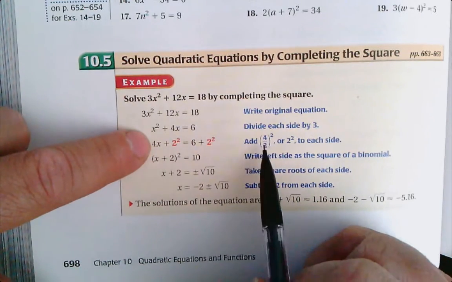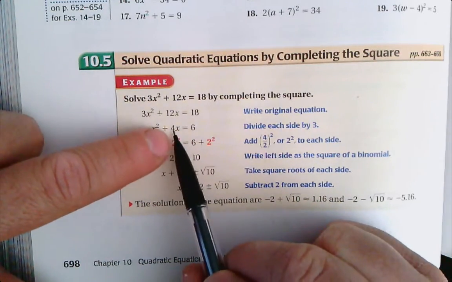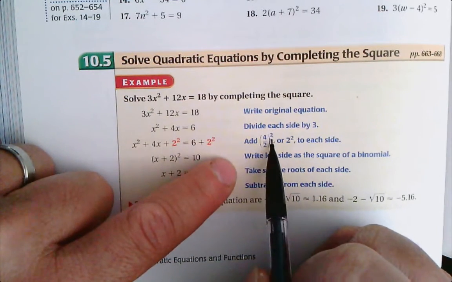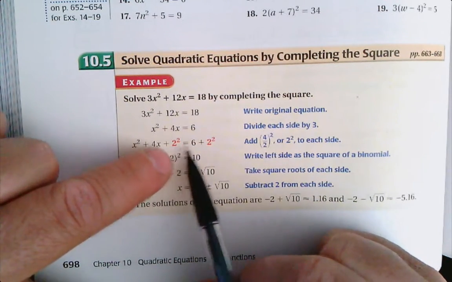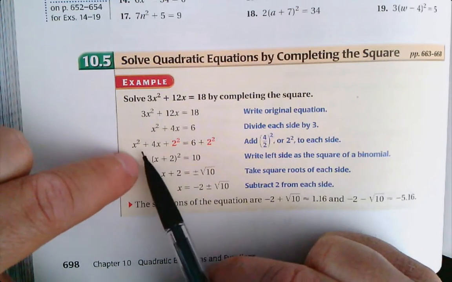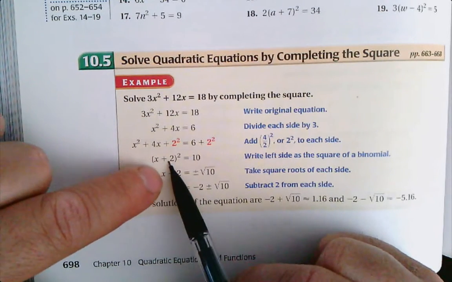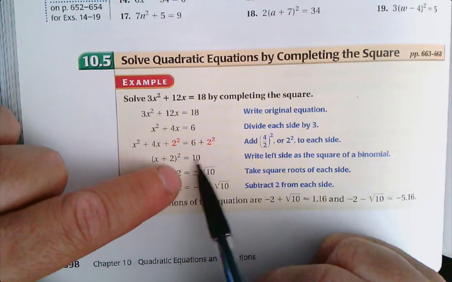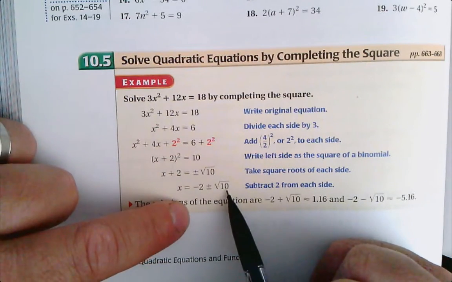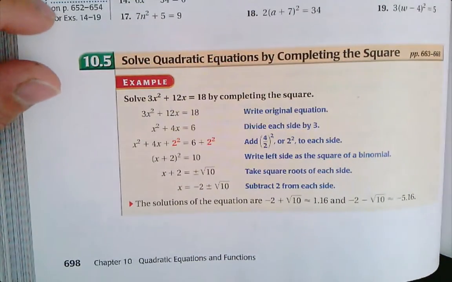And of course, you take b divided by 2 and square it, and that's what you add to each side. So add 4 here, add 4 here. Then that gives you a perfect square trinomial, which is x plus 2, squared equals 10. Then you can square root both sides and do the math there to get the answer.